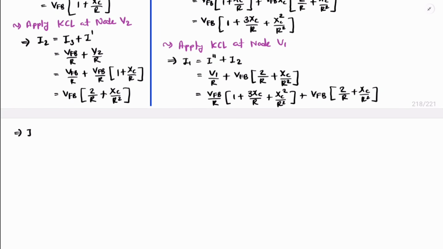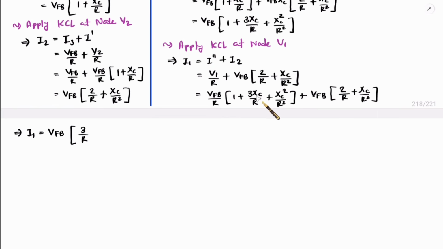So here in I1, you see VFB is common. I'm taking it over here. Then I'll be considering terms one by one. You see here we have 1 by R and here we have 2 by R, right? So that is 3 by R. So I have considered these two terms. Now you see here we have 3XC by R square and here we have XC by R square.